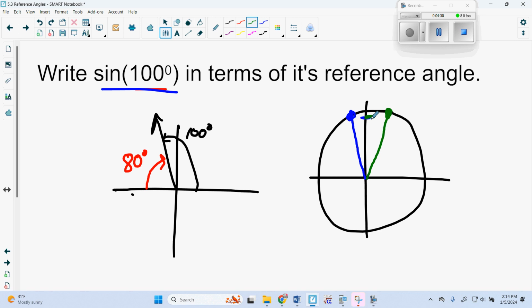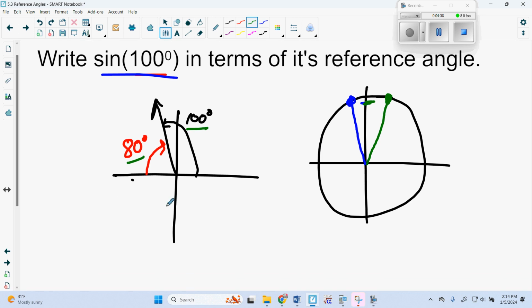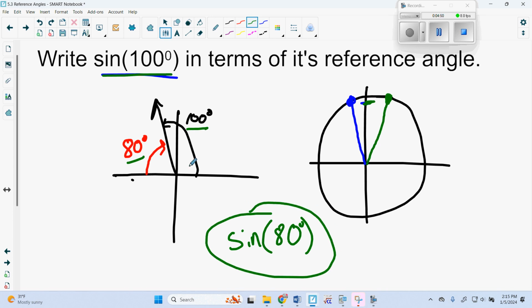And I can see from that right there that those two angles, 100 and 80, have the same sine. So if I write sine of 100 in terms of its reference angle, it's just going to be the sine of 80. And that is my answer.